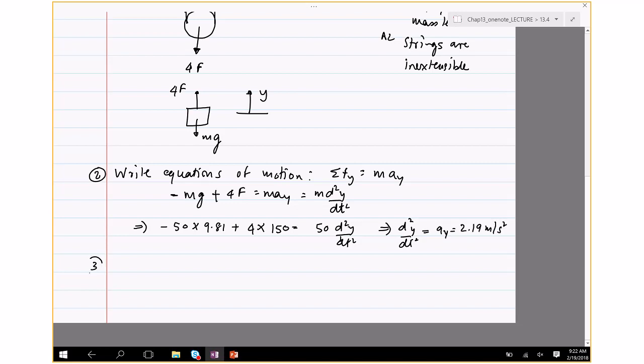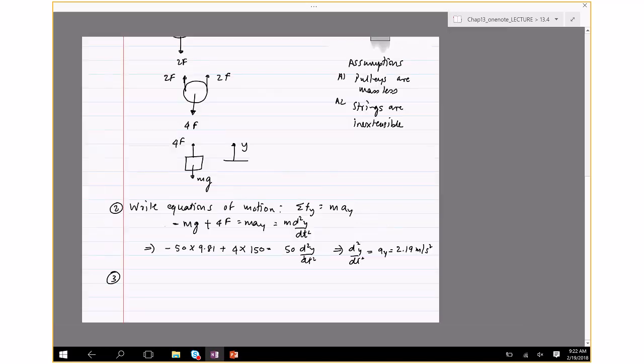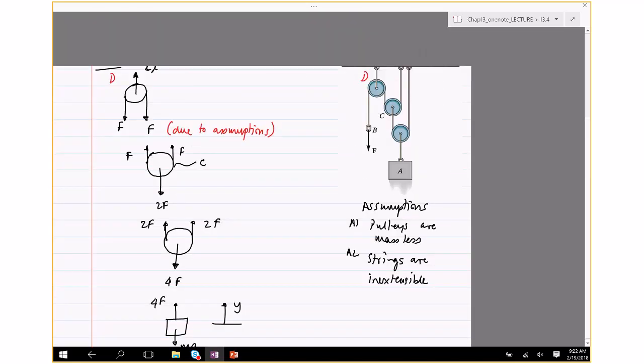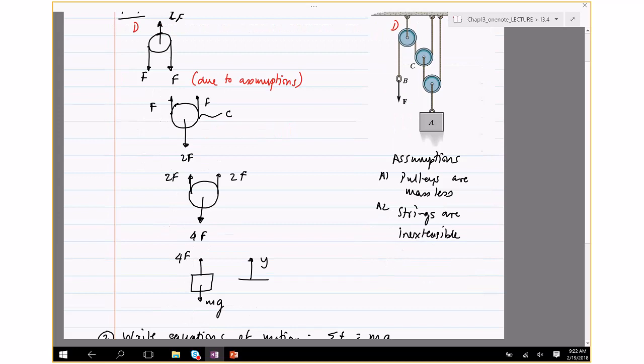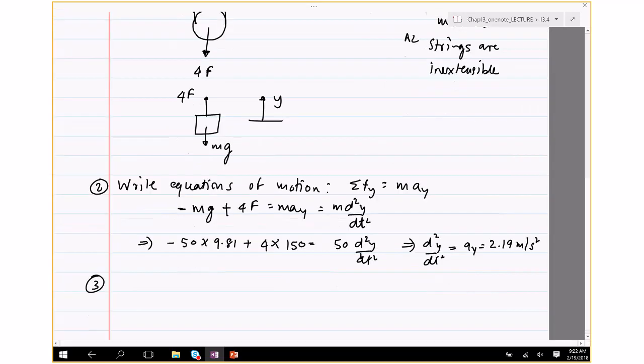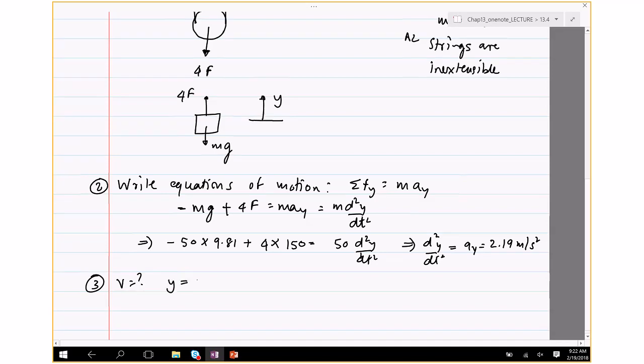And the third part of the question asks you to find the velocity when the block A has risen by 3 meters. So find the velocity when h, or y, is 3 meters. We know the acceleration, we know the displacement, and we need to find the velocity. So what is the expression which relates the velocity to displacement?